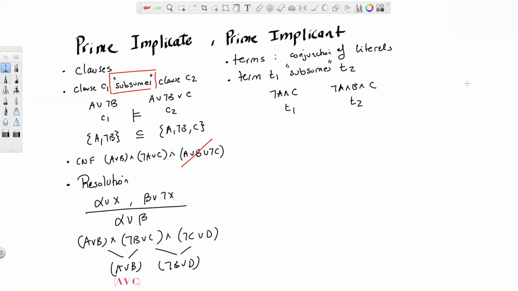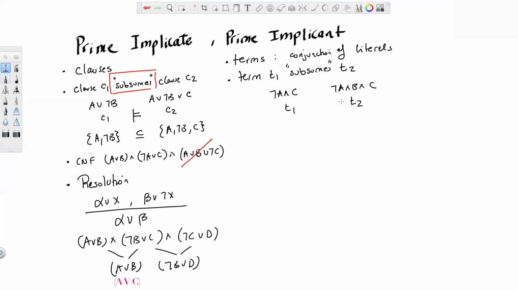And if the intuition behind subsumption is that the subsumed term is not needed and could be dropped, in this case, which one of these two guys subsumes the other? Does T1 subsume T2 or the other way around? Okay, I'm getting conflicting answers here. Some people are saying drop T1 and some people are saying drop T2.